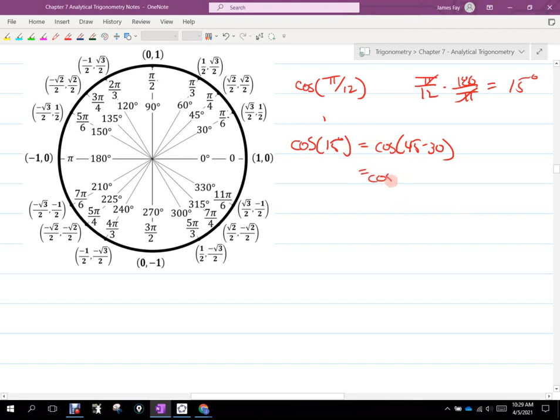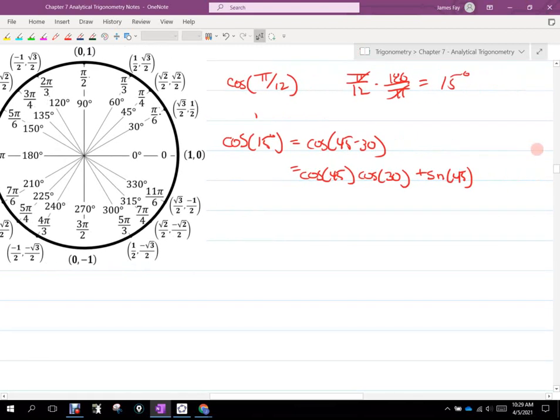So then I go, this will be cosine 45 times cosine 30 plus sine 45 sine 30. Okay. Cosine of 45? Radical 2 over 2, right? Cosine 30?